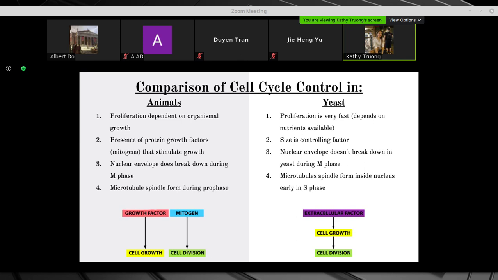And in the case of yeast, during the M phase, there's no breakdown of the nuclear envelope, and microtubules form inside the nucleus in the early S phase.